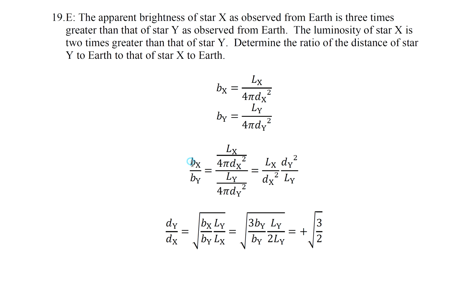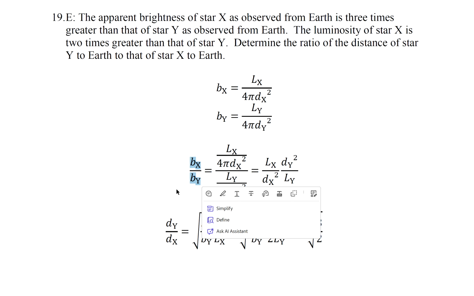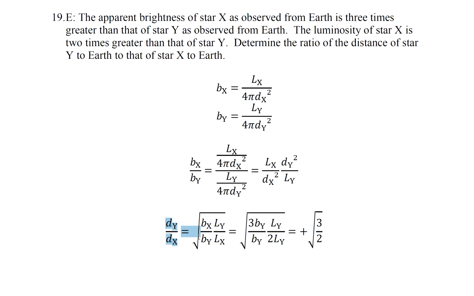So we end up getting B sub x over B sub y is equal to this function. Then let's solve for d sub y over d sub x. We end up getting this. And it says here the apparent brightness of X is 3 times that of Y. So that's why B sub x here is equal to 3 B sub y.